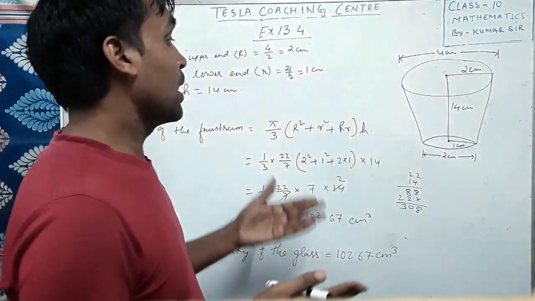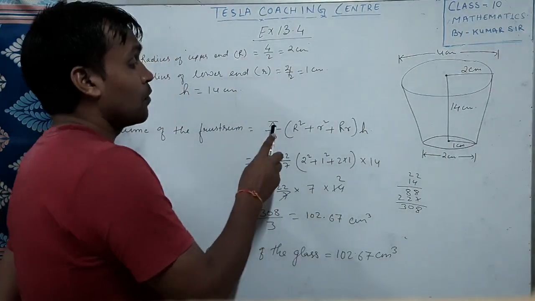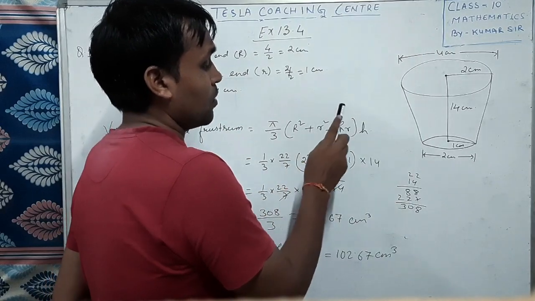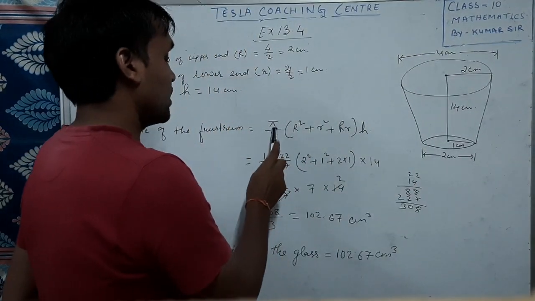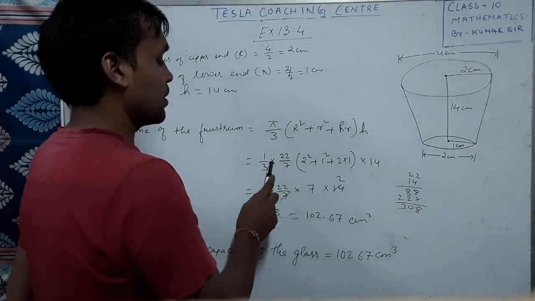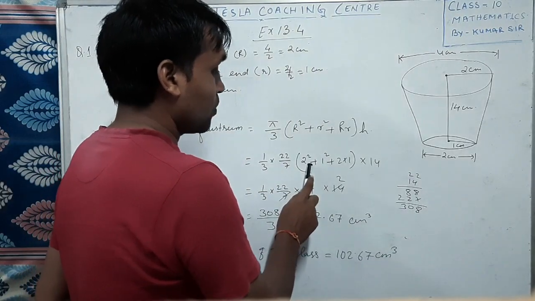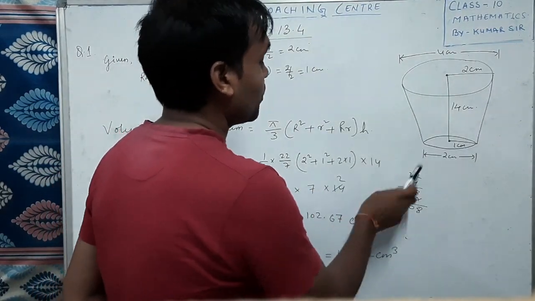You can study them and then come and watch this lecture. Now the formula is pi by 3 into (R square plus r square plus R r) into h. So that is 1 by 3 into pi value 22 by 7 into (2 square plus 1 square plus 2 into 1) into 14.